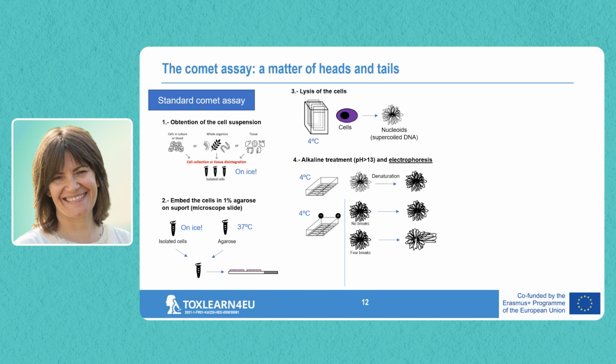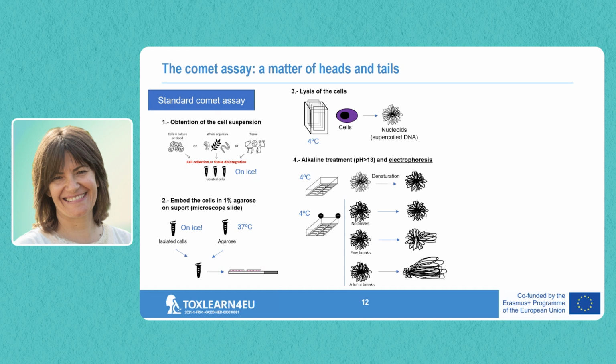They relax. Remember that the nucleoids are supercoiled. So they will lose the supercoil, and they will be able to move and create a small tail here. Now you see head and tails.